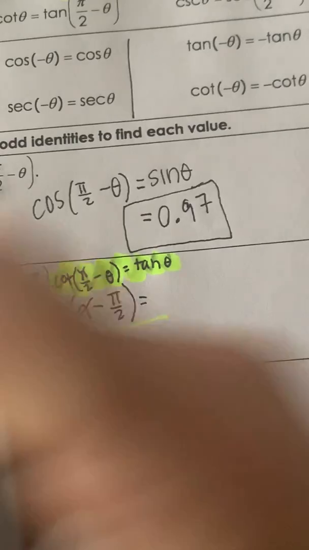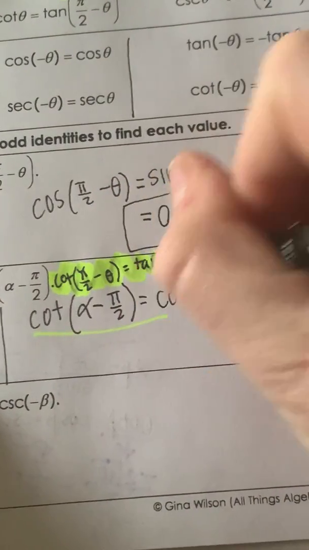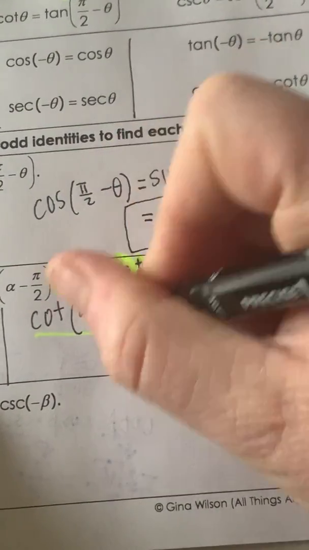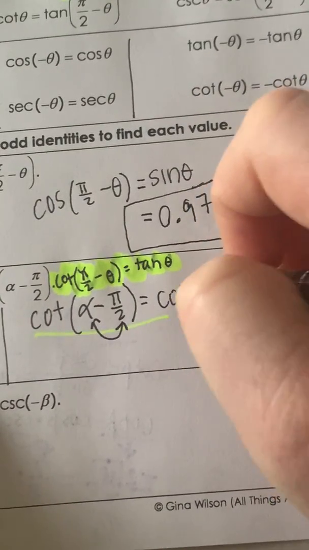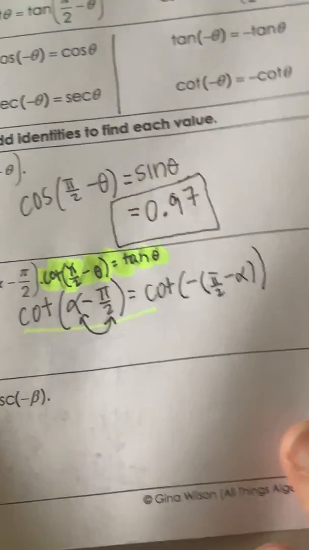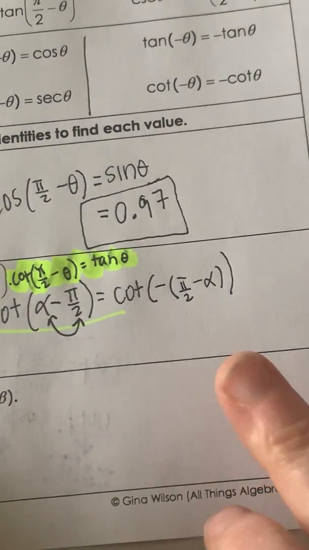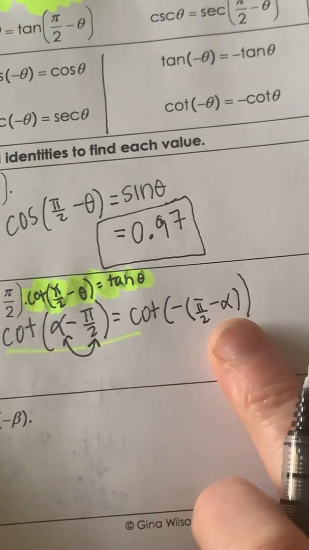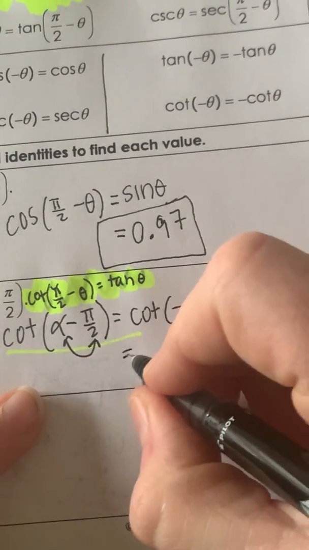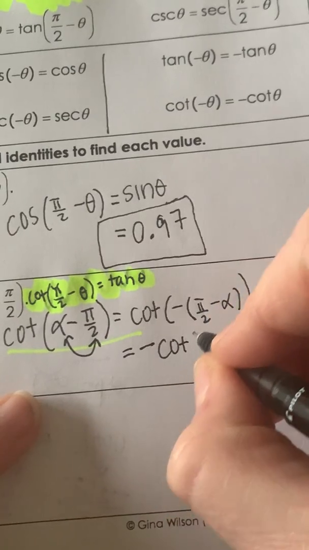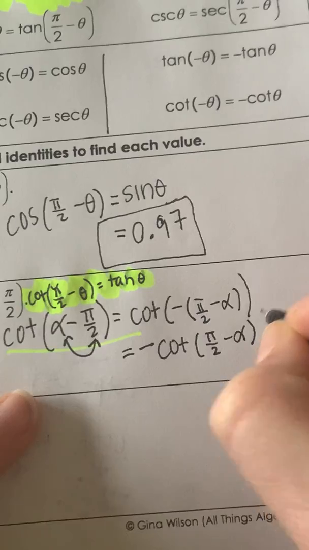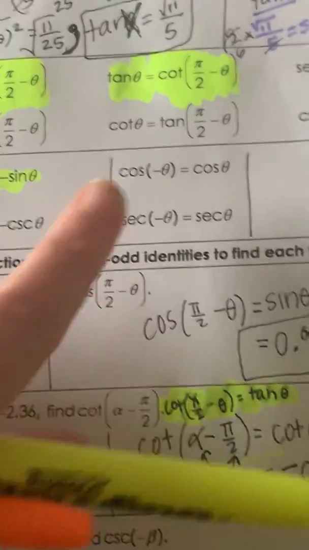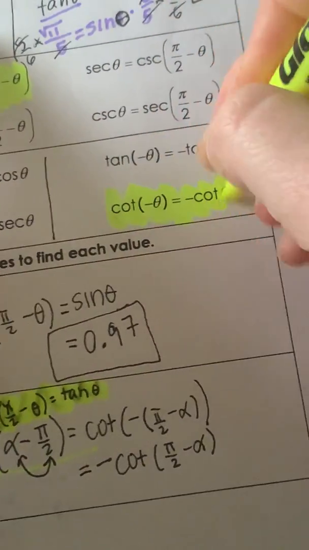So this is the same thing as cotangent of negative, flip them around, pi over 2 minus alpha. And cotangent of negative theta is the same as negative cotangent theta. So this is the same as negative cotangent pi over 2 minus alpha, from this identity right here.